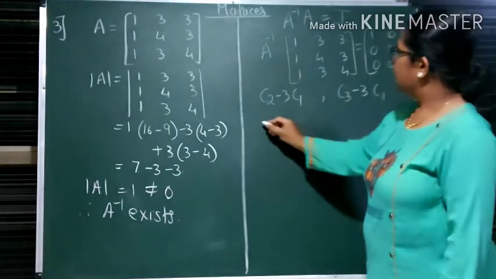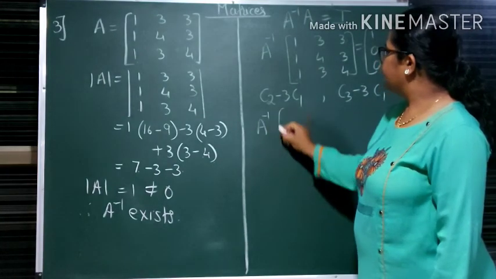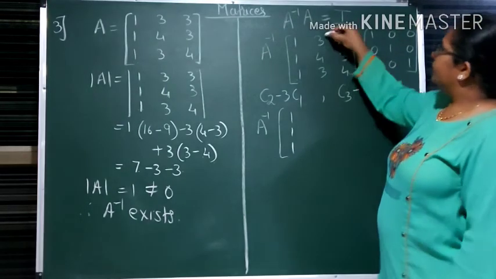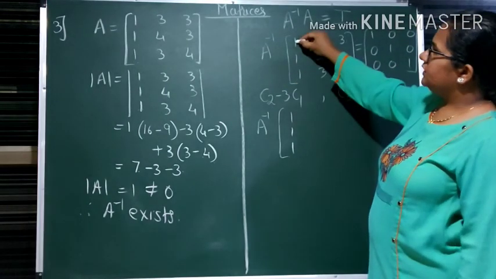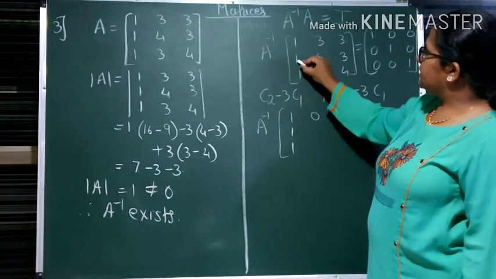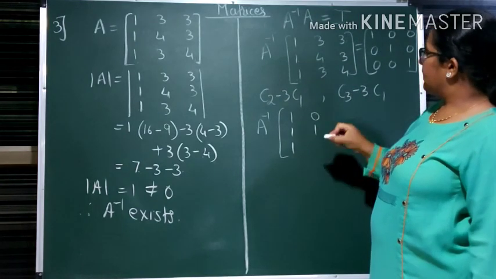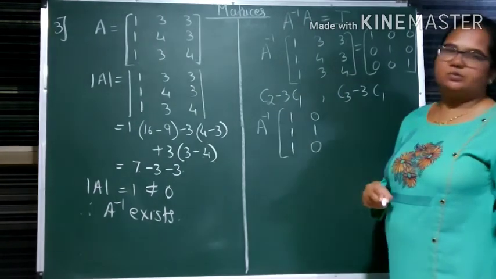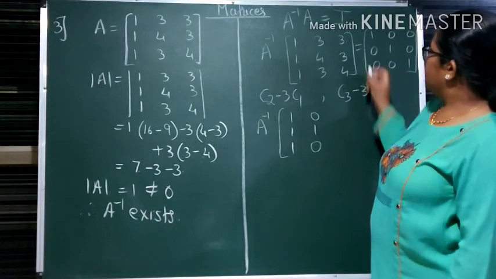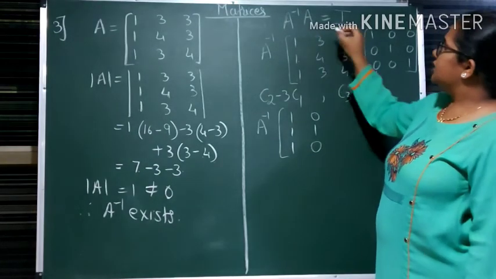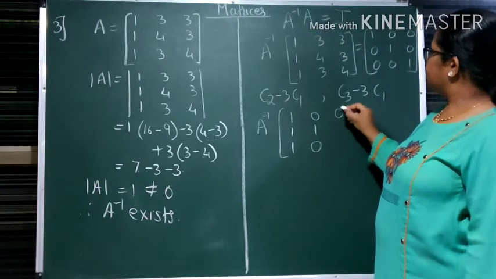Column wise, so in A inverse, the first column is not getting changed: 1, 1, 1. 3 minus 3 into 1 is 3 minus 3, 0. Then 4 minus 3, 1. 3 minus 3, again 0. Second column over, go to third column. Again it is C3 minus 3 C1. So 1 into 3 is 3, 3 minus 3, 0.